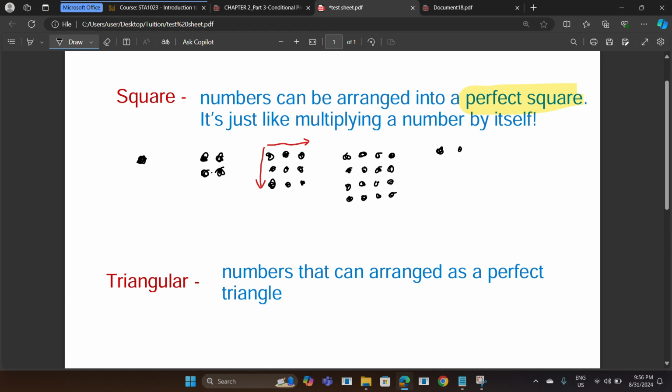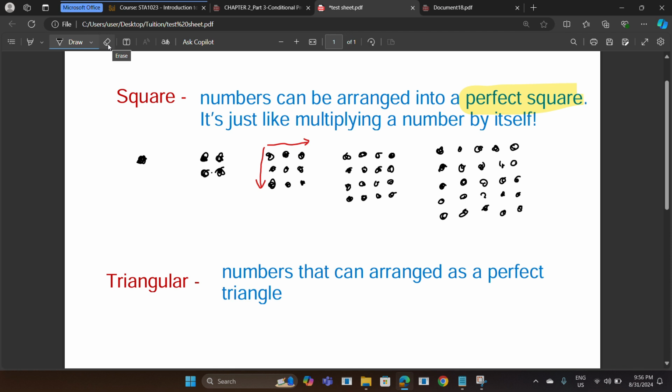Fifth square number, 5 dots, 5 dots. There are 25 dots in the fifth stage.